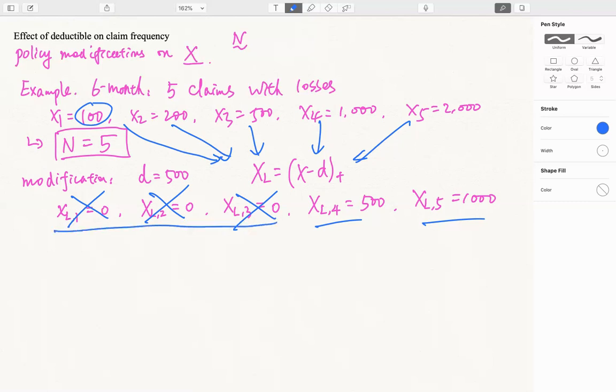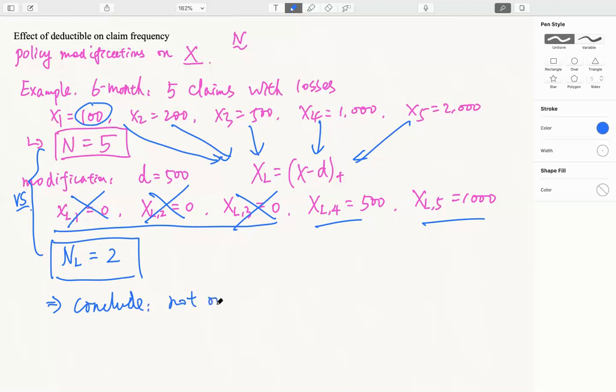So if I use NL to denote the number of claims after applying the 500 deductible, this is easily 2, right? It's not 5 anymore. So from this simple example, if you do a quick comparison, what can we conclude?